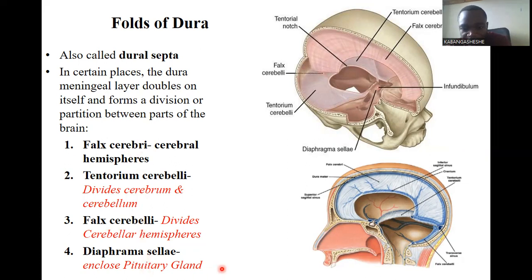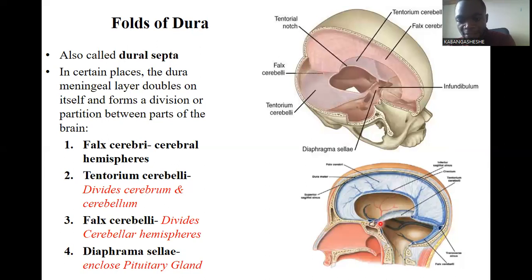Then finally, we have the pituitary gland. The pituitary gland is contained in a shallow depression of the sphenoid bone known as the sella turcica or hypophyseal fossa, or some books will say pituitary fossa. That fossa there.